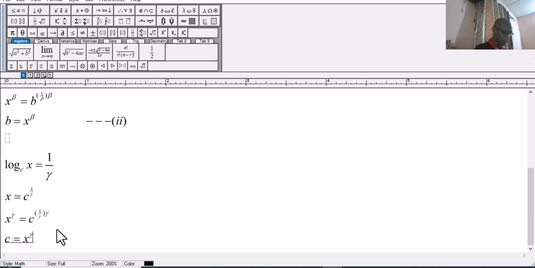So we have gotten the three values that we need to solve this: our a, our b, and our c.